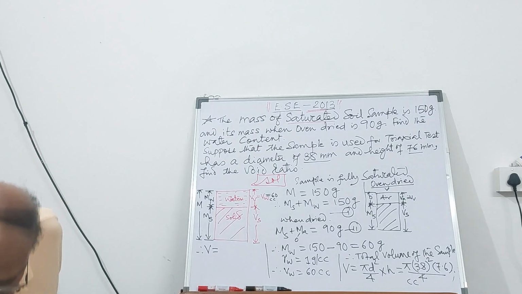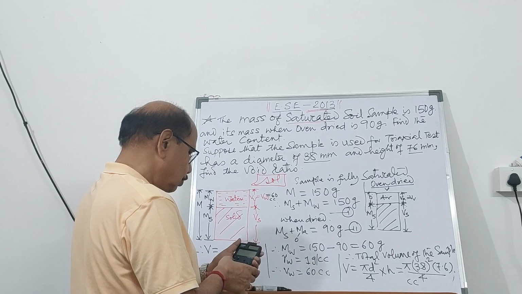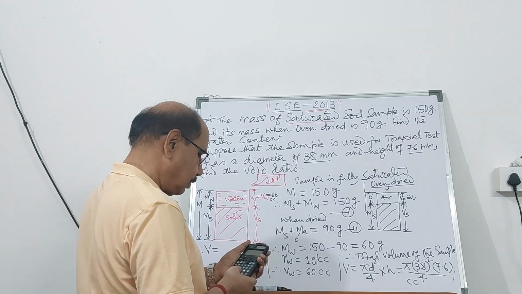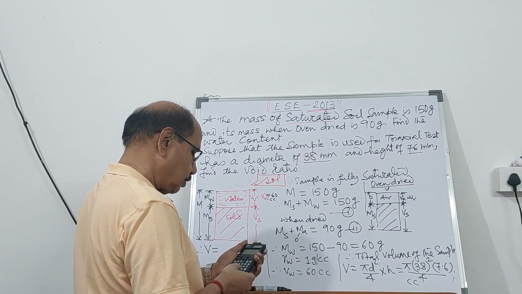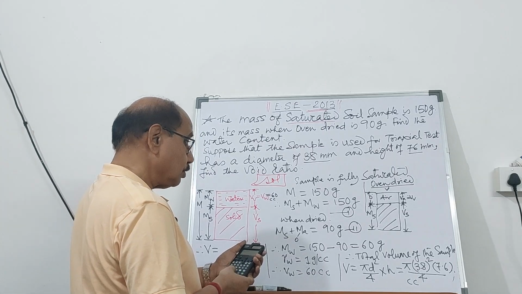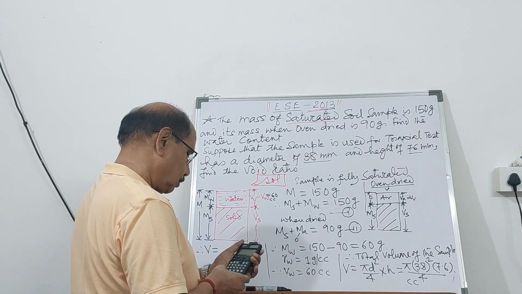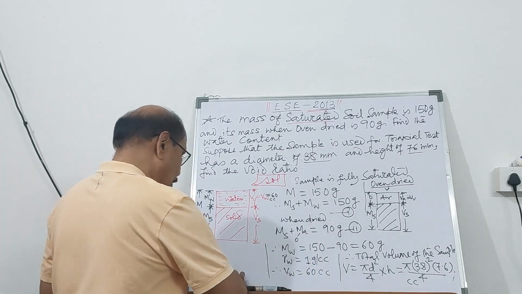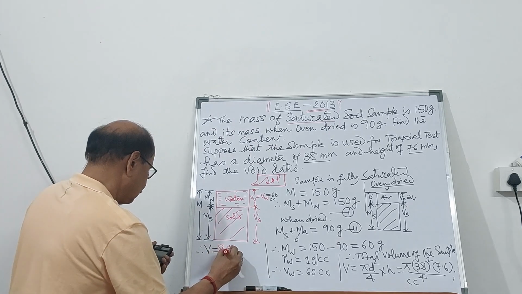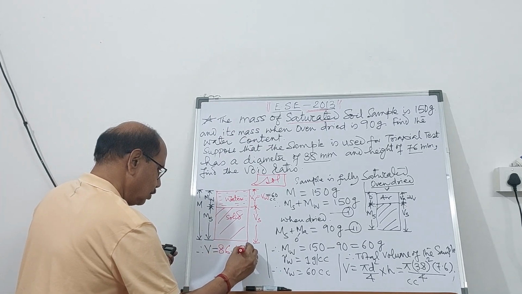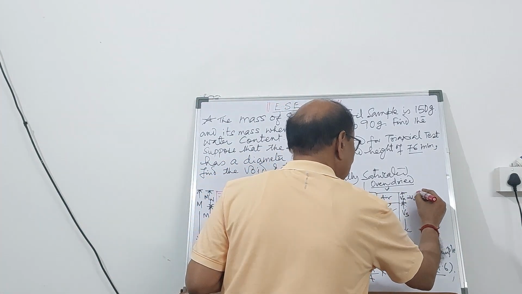Let us have our calculator and calculate it. So total volume becomes 86.192 cc.